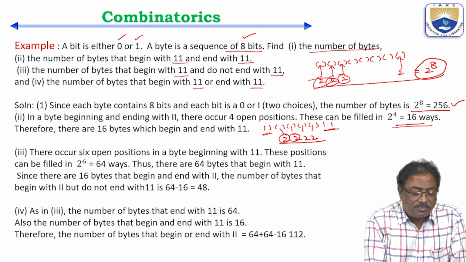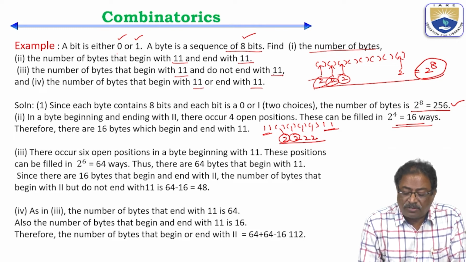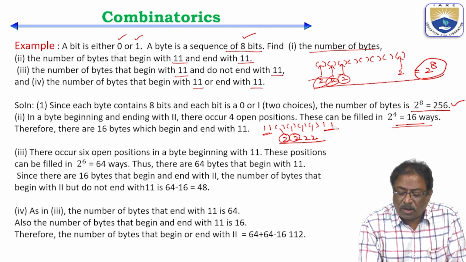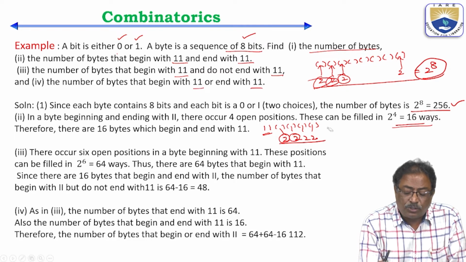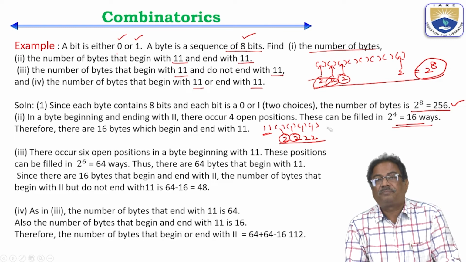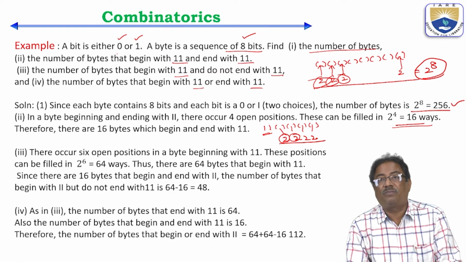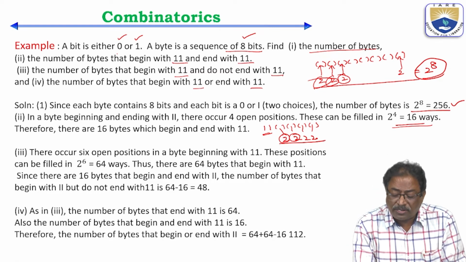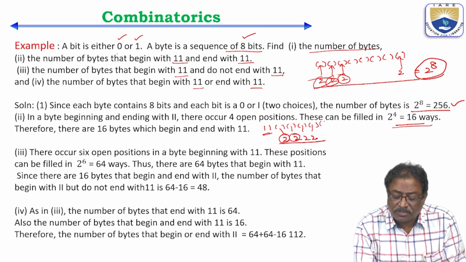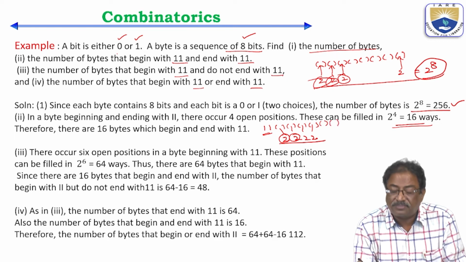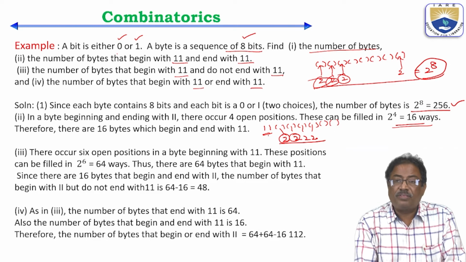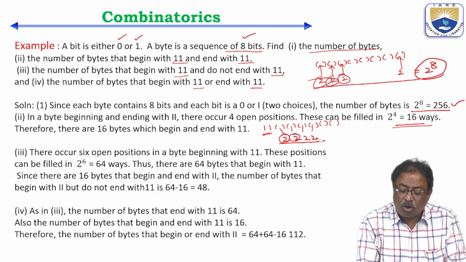And here, the third one: bytes beginning with 11 and not ending with 11. Suppose I am taking beginning with 11, so how many possible ways?